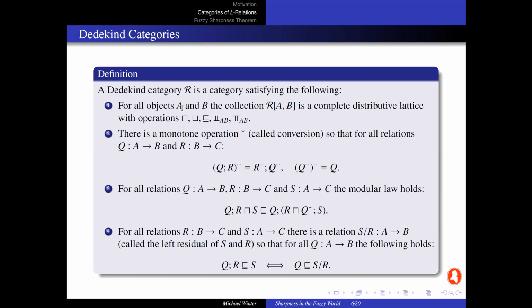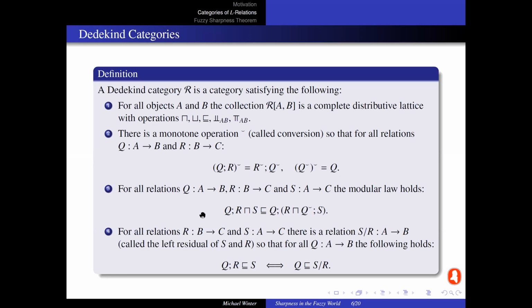And we have the regular operations of meet, join, inclusion, smallest and greatest relation. That's under number one. And they form a completely distributive lattice. Then we have the composition, of course, with identity, which forms the categorical structure, and the monotone operation converse, satisfying those two laws over here.